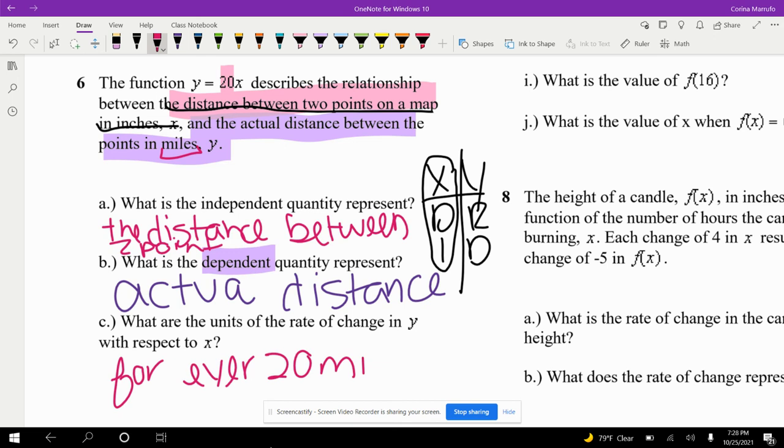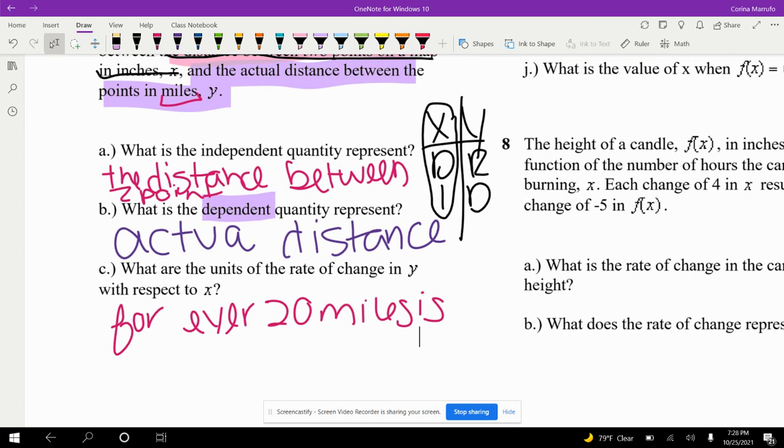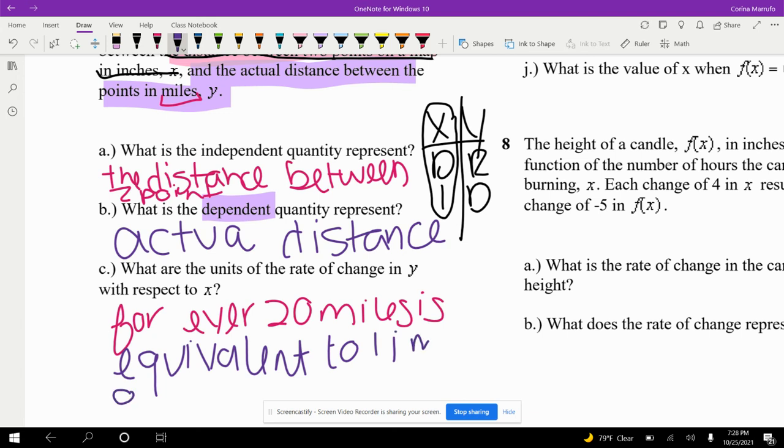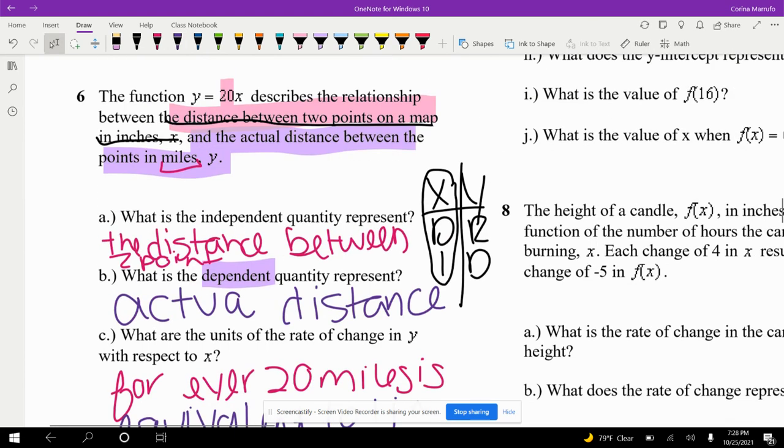For every 20 miles is equivalent to 1 inch on the map. And that's it.